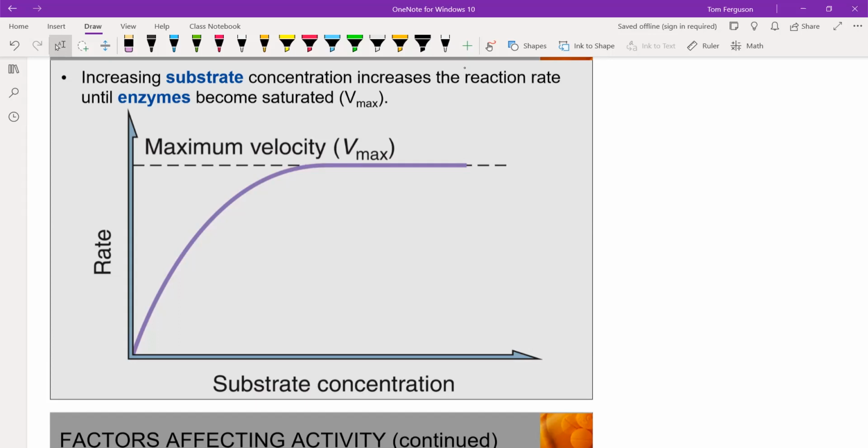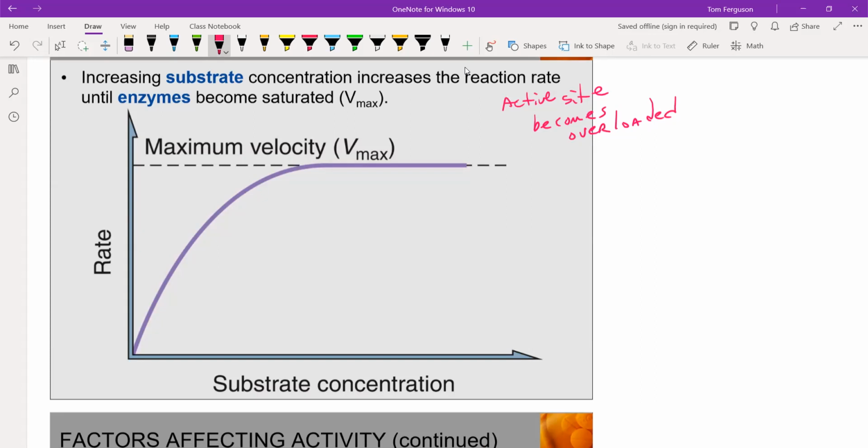Now, this can't go on forever. So what happens is when the active site becomes overloaded, it can't turn over the substrate to the product anymore.